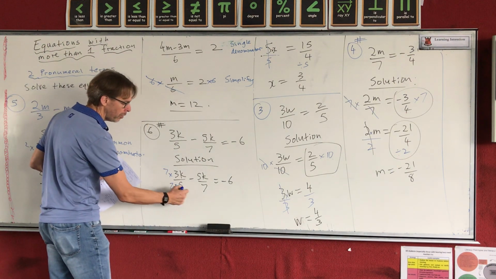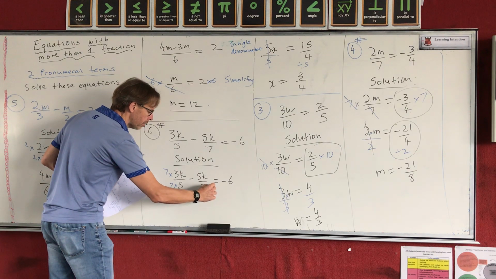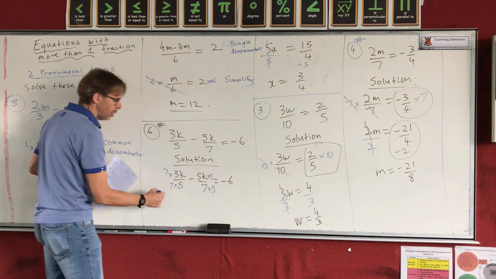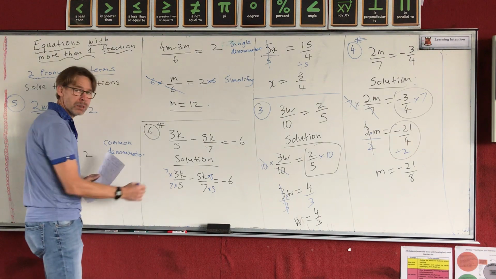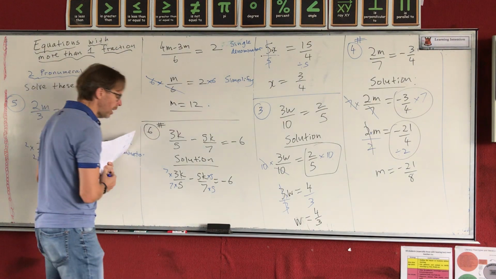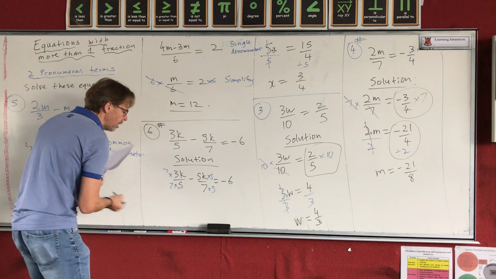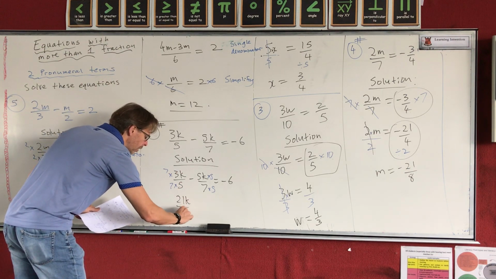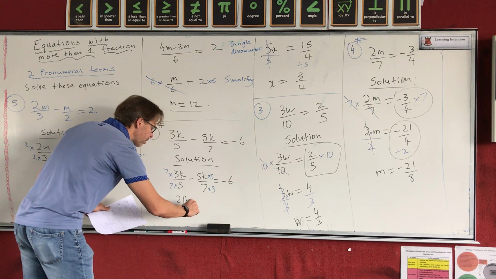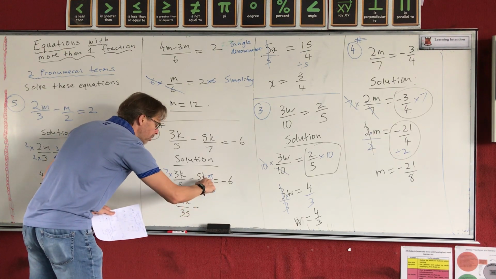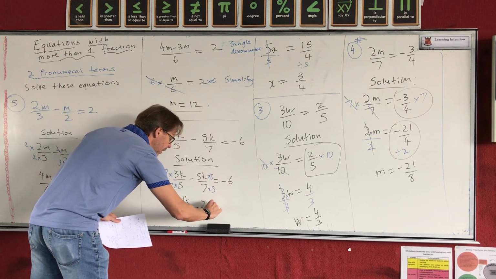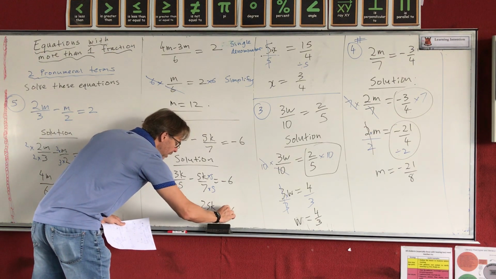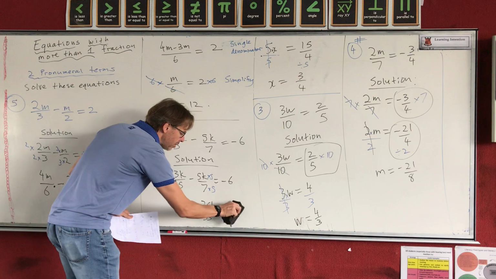Take this denominator of 5 times the other denominator by 5 and then times also the numerator. What you do to the numerator and denominator must be the same. Okay, so what's that going to give us? 7 3s are 21, so 21k on 35 minus 5k times 5 is 25k on 35 equals negative 6. That's a 6 there.